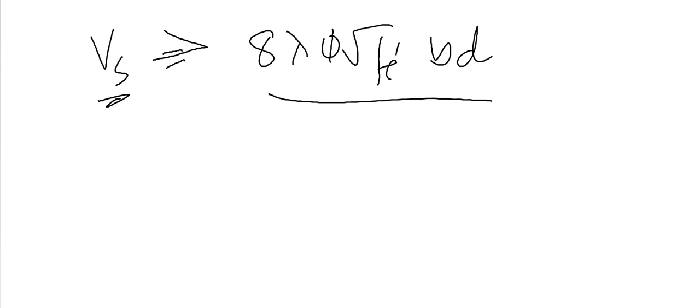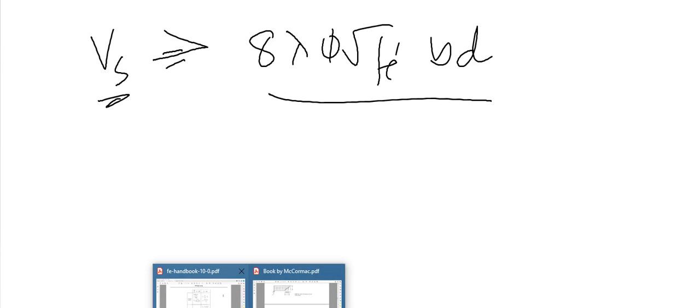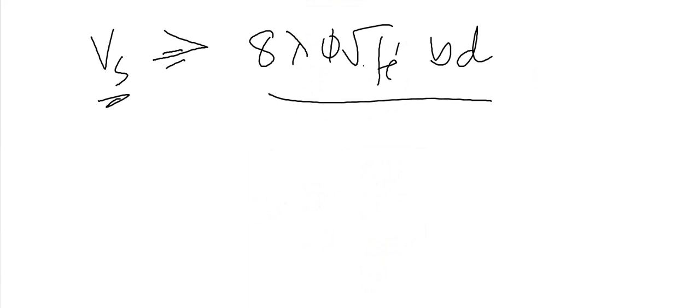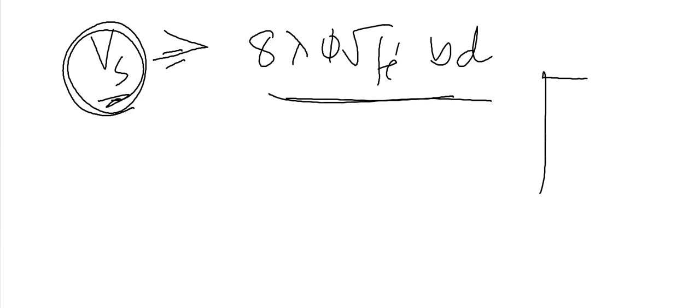This is why, if I open the table here, oh, it is not in the table, it says just less than 4 times or more than 4 times. But if it is more than 8 times, our section is not good. So if our contribution of shear force Vs is more than this, our section is not adequate. We need to increase b and increase d.